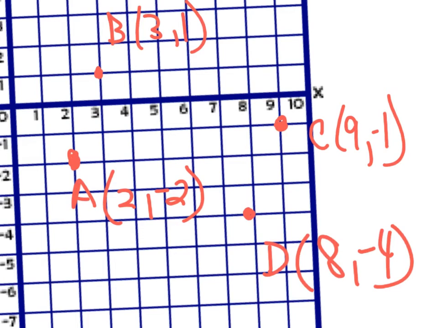Okay, so for the first section right here, that slope is going to be up 3 over 1. Slope is rise over run. So that first slope is 3 over 1. The second slope is going to be down 2 over 6, which reduces to -1/3.